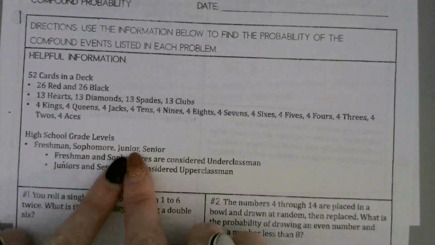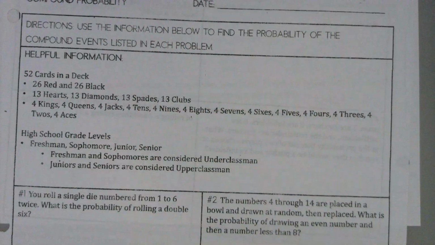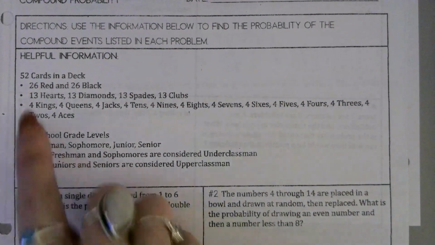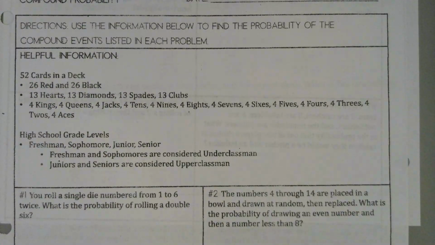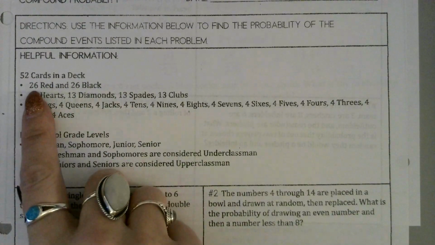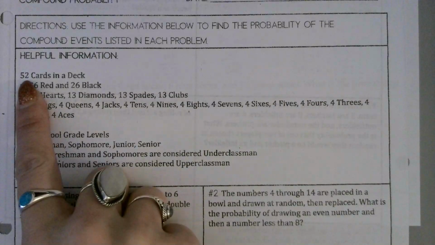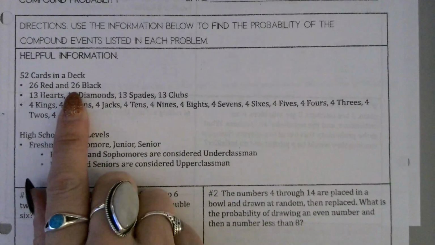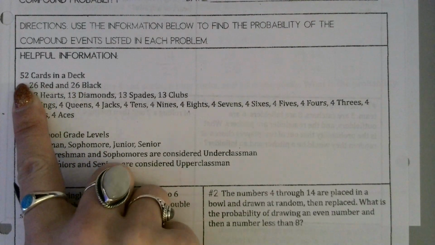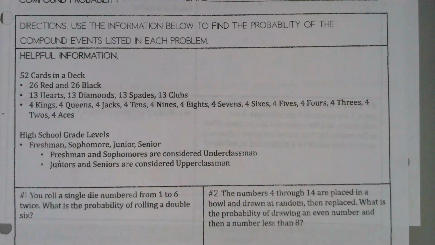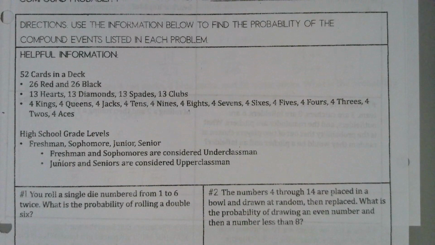So 9th, 10th, 11th, and 12th grade. Then cards in a regular playing deck, like what you'd play solitaire with. 52 cards in total. 26 are red, 26 are black. Of those 52 cards, you have 4 suits: hearts, diamonds, spades, and clubs.